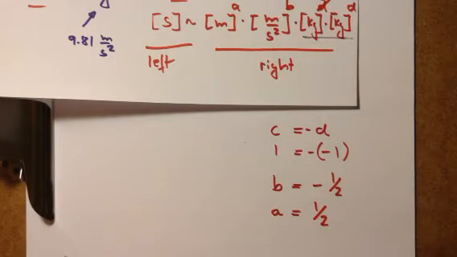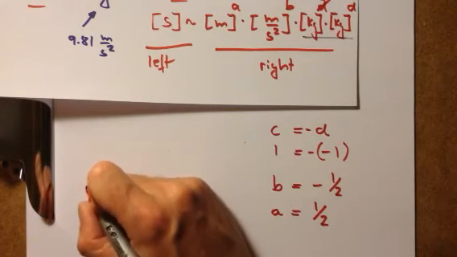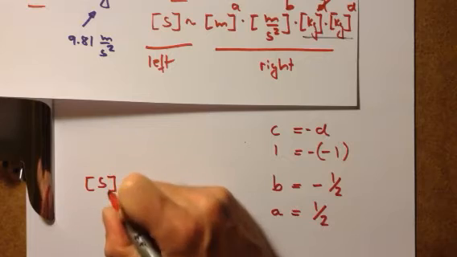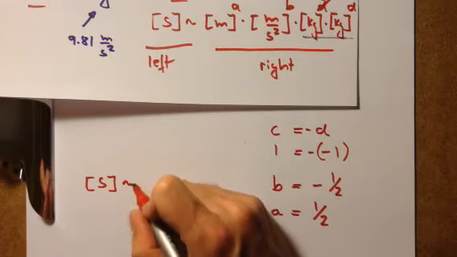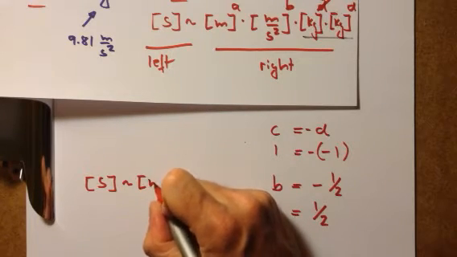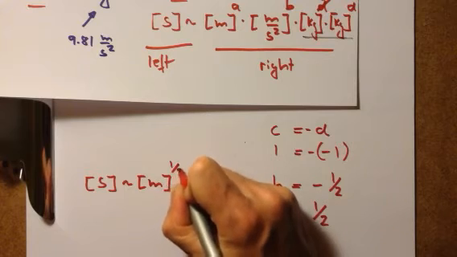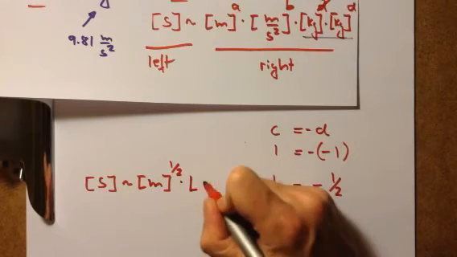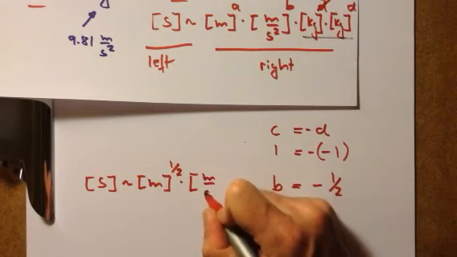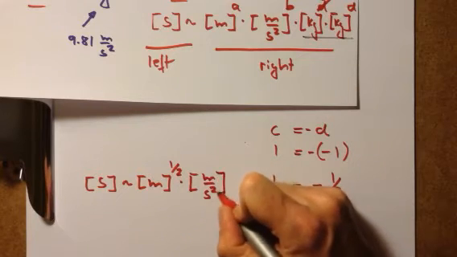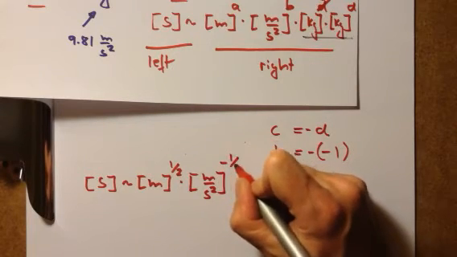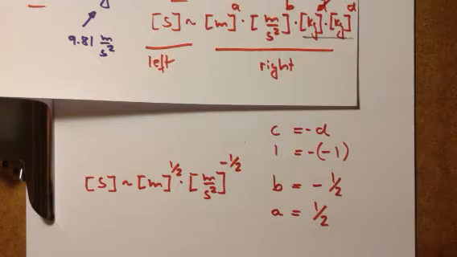And therefore we can then write down that our equation looks like this. We have s, dimension second, is proportional to meter to the power of 1/2 times meter per second squared to the power of minus 1/2. This is a dimensional equation.